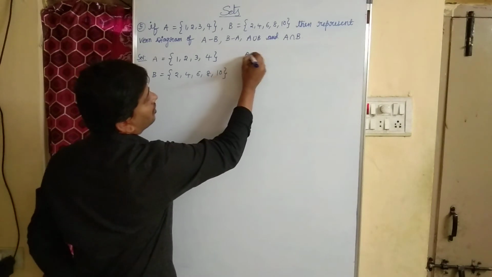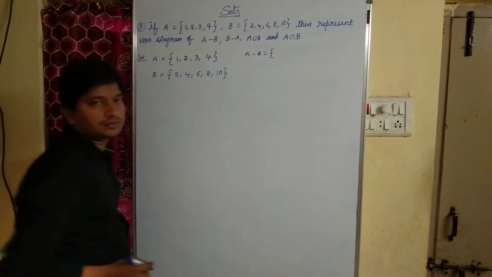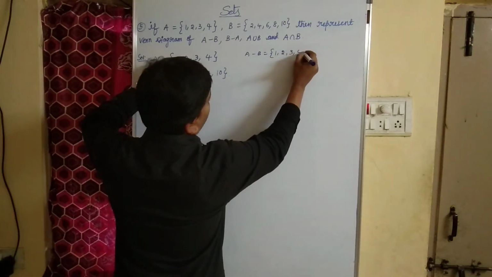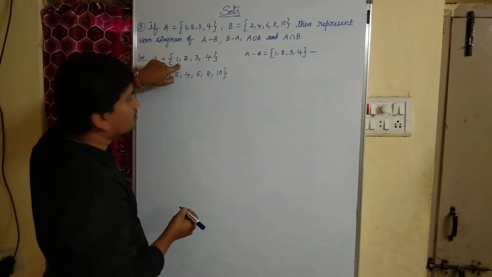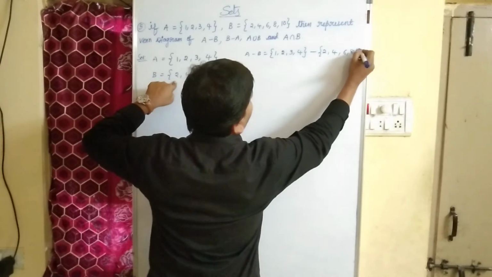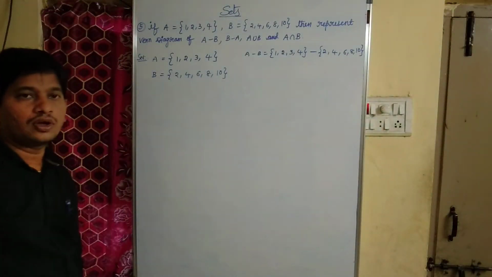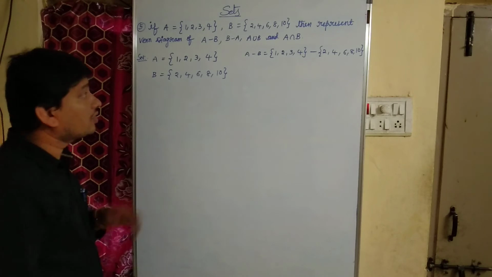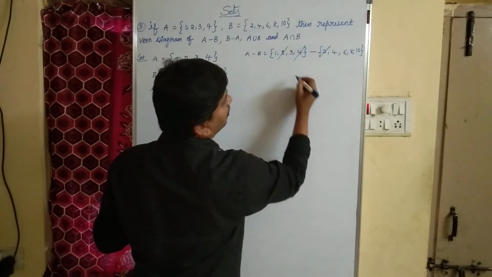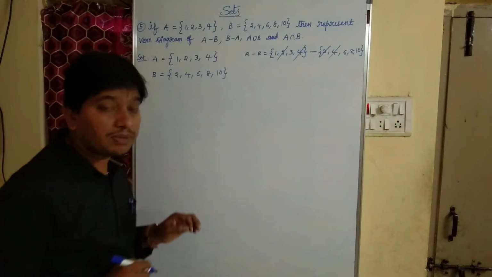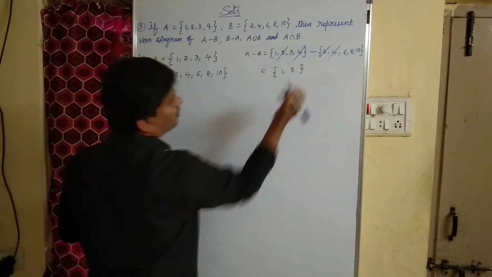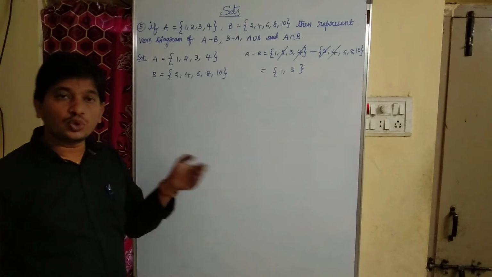A minus B equals, what are the elements in set A? Elements in set A are 1, 2, 3, 4, minus, what are the elements in set B? 2, 4, 6, 8, 10. What are the elements which are common for both set A and set B? I mean 2, 2, 4, 4. A minus B means only elements in set A. That is 1, 3. That we need to represent using a Venn diagram.